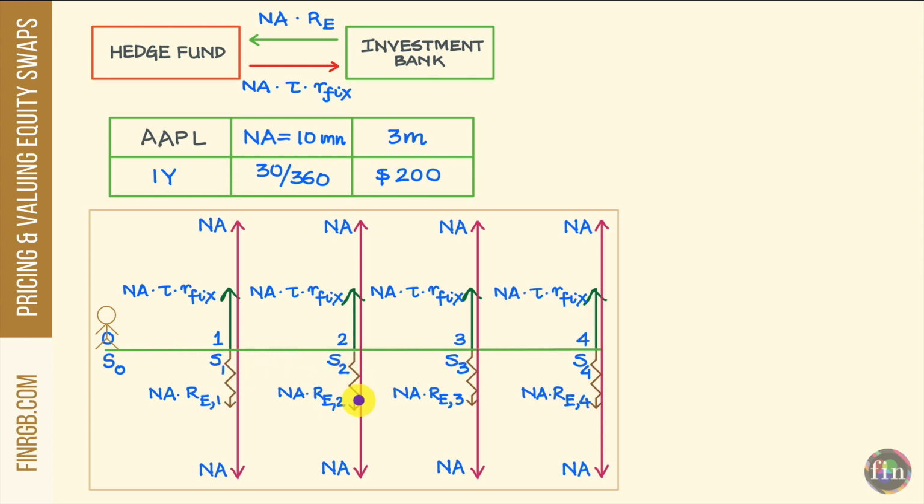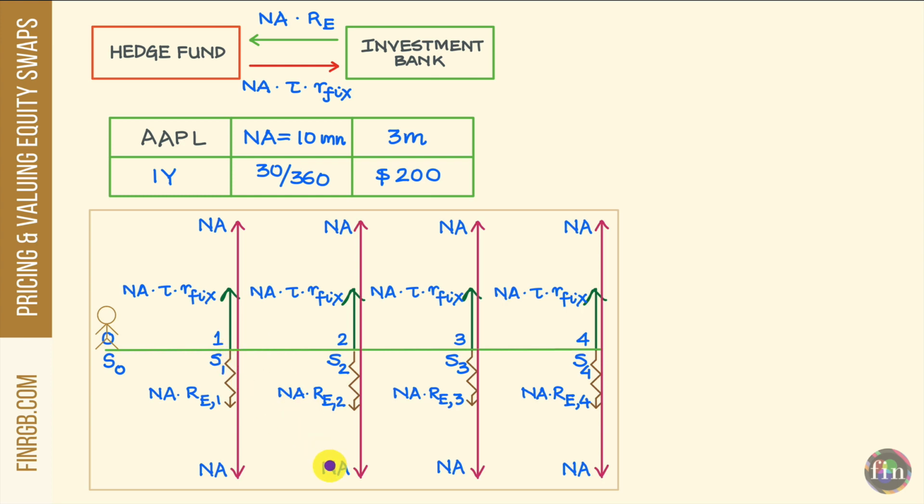Similarly, this combination of dollar return and this dummy cash outflow of NA, which can be thought of as a liquidation value, can be achieved by the investment bank by investing these many dollars into shares of Apple at this point in time, right?